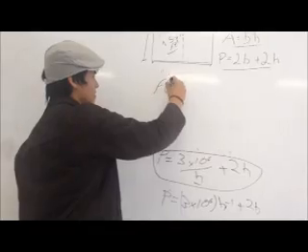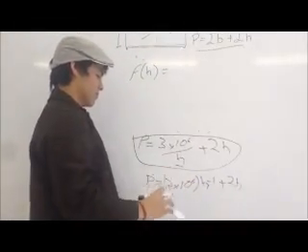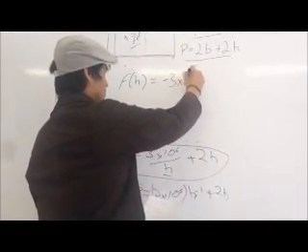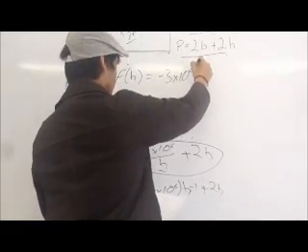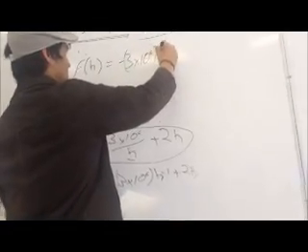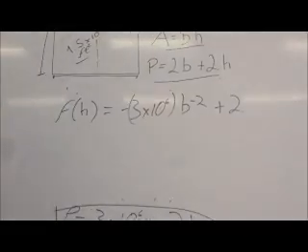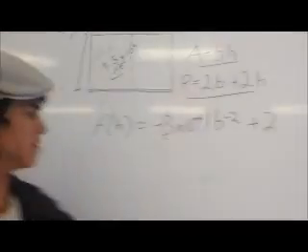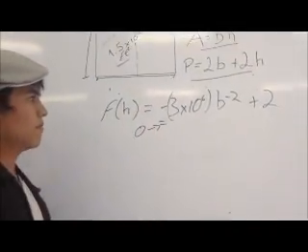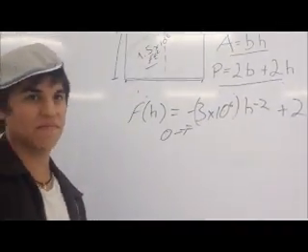And the derivative of this function is this. And now we set this equal to 0 for isolating our h.